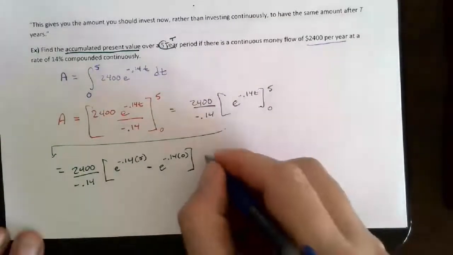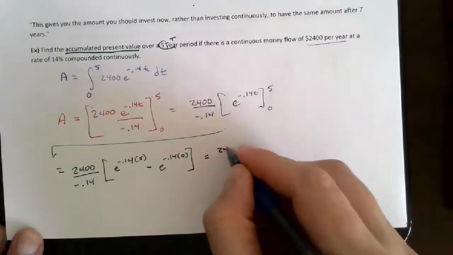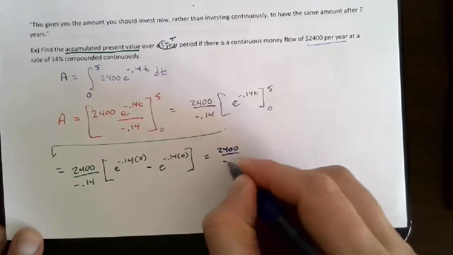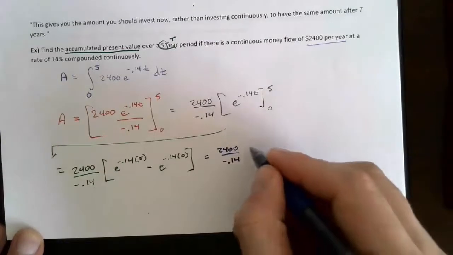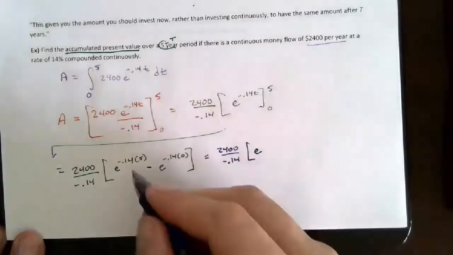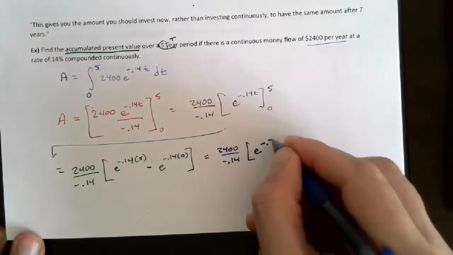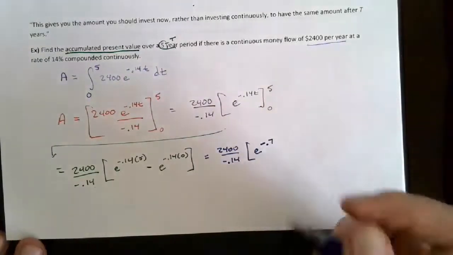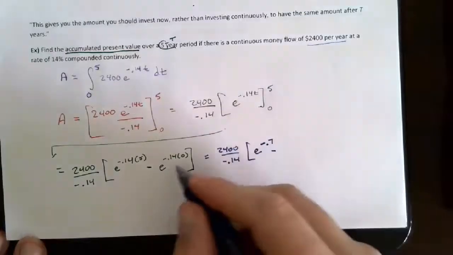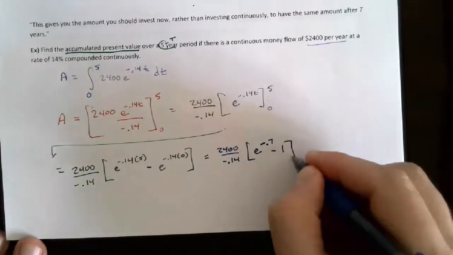So this equals 2,400 over negative 0.14 times e to the negative 0.7 power, minus e to the 0 power, which will be minus 1.